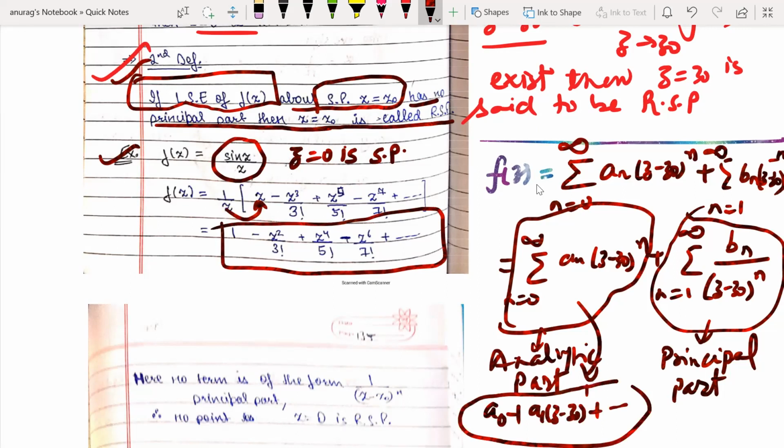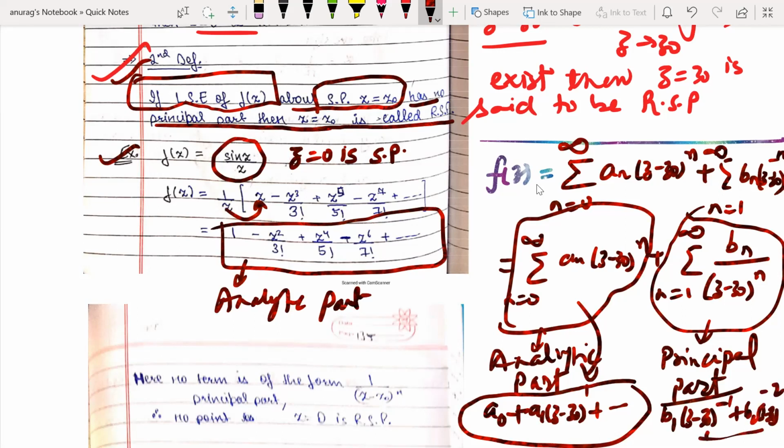Then this part is actually the analytic part. The part in which powers are negative can be written as b1 (z minus z naught) to the power minus 1 plus b2 (z minus z naught) to the power minus 2. Then only this is called the principal part. But here there is no principal part, therefore z equal to 0 is called a removable singular point.